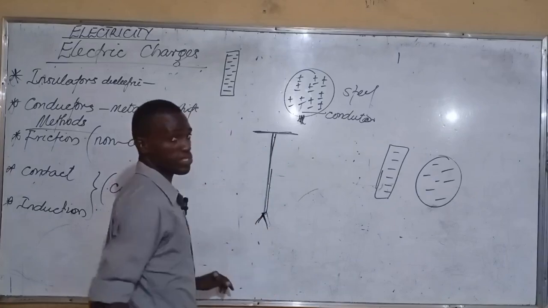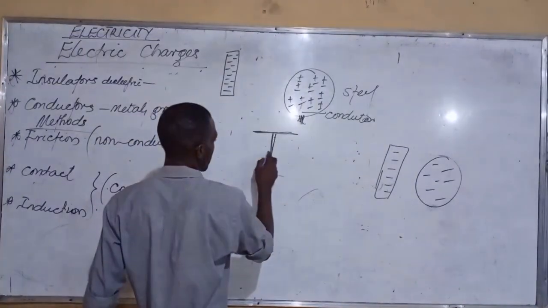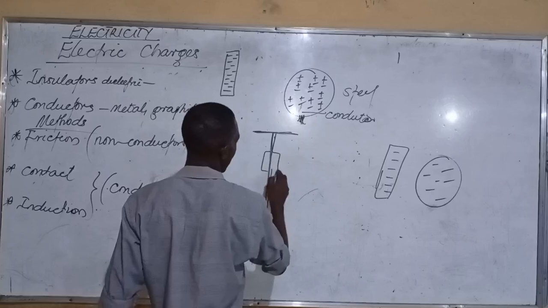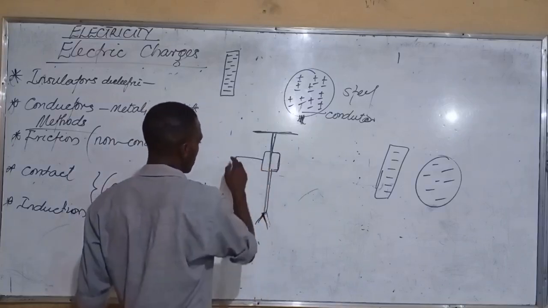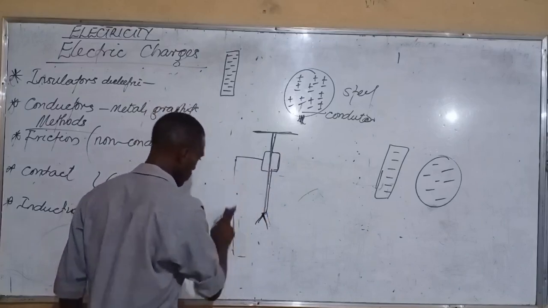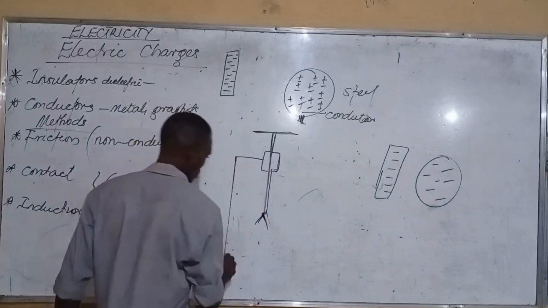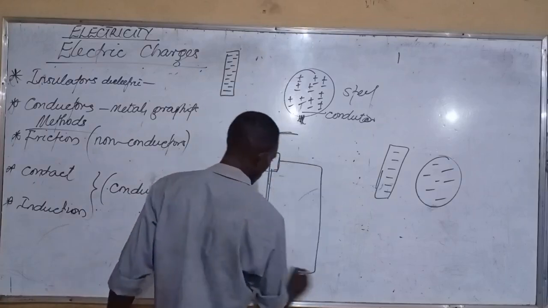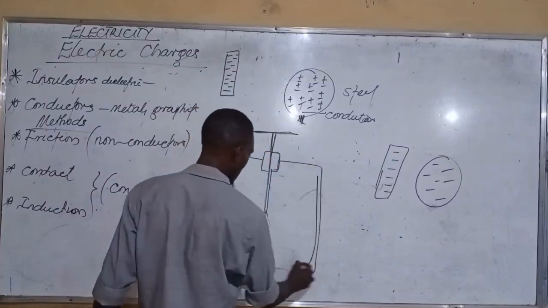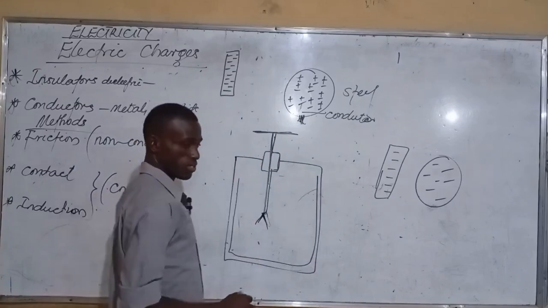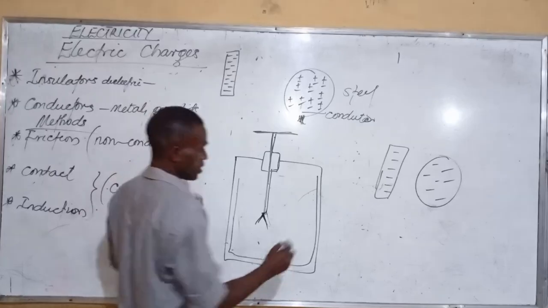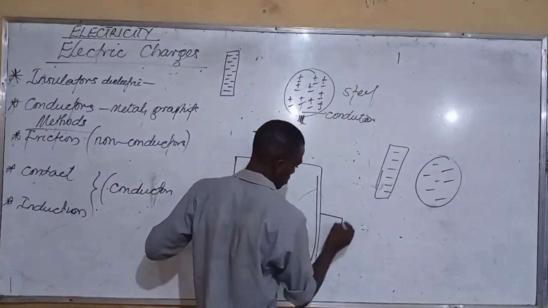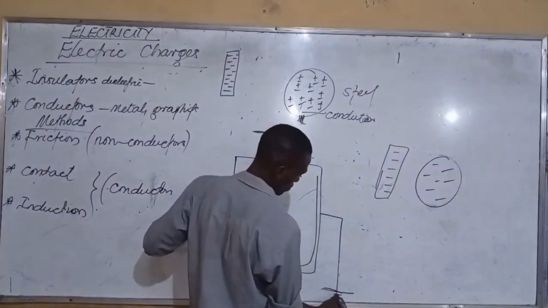Then there is an insulator here that separates the brass rod from this cover. The inside is lined with lead, or any metal that is also a conductor, and it is connected to the earth.